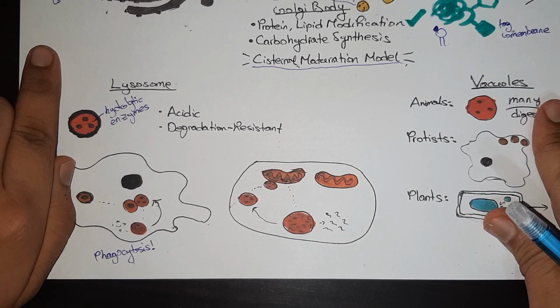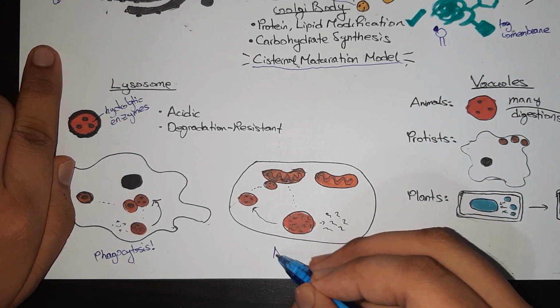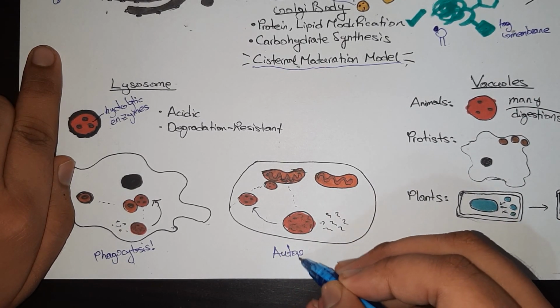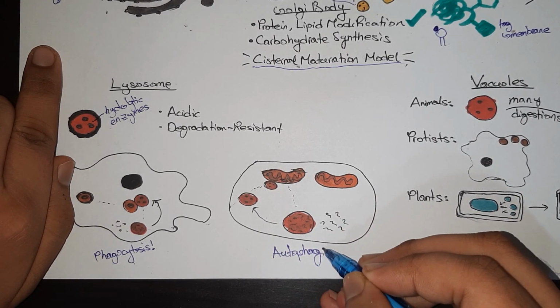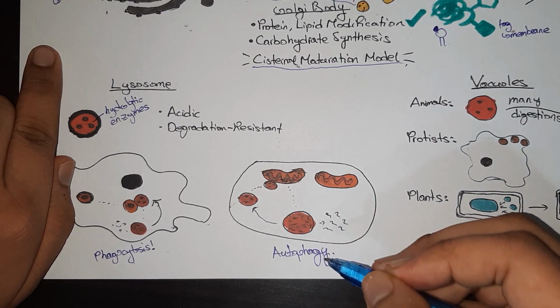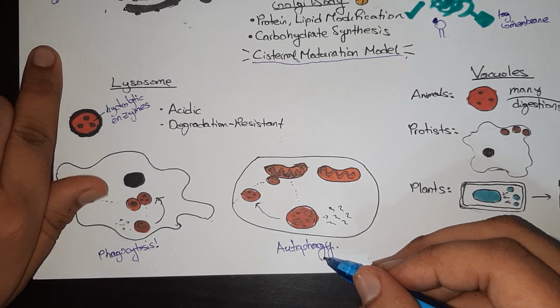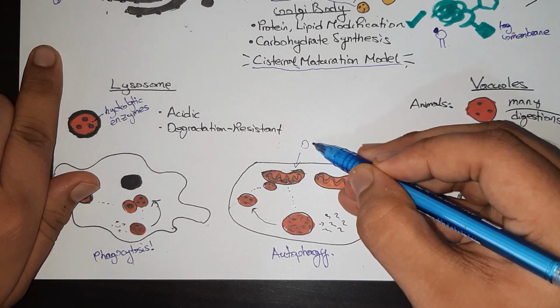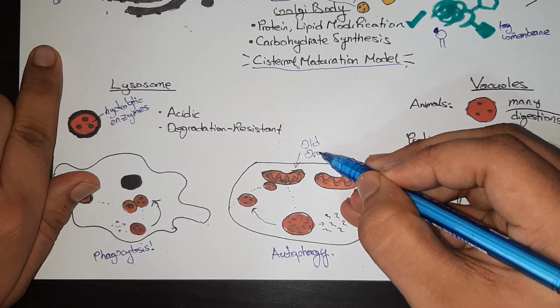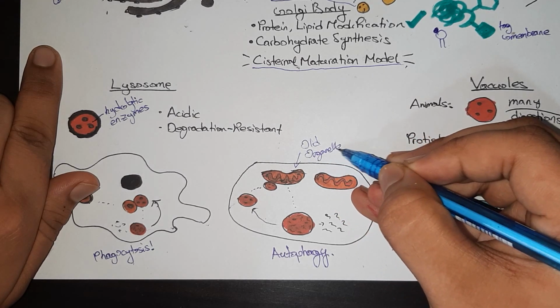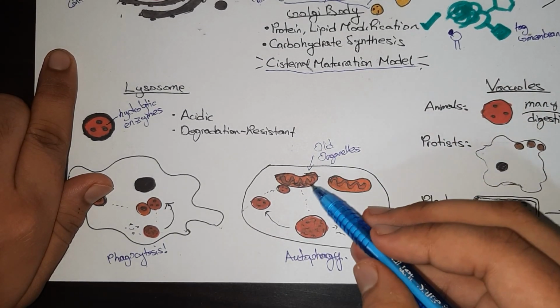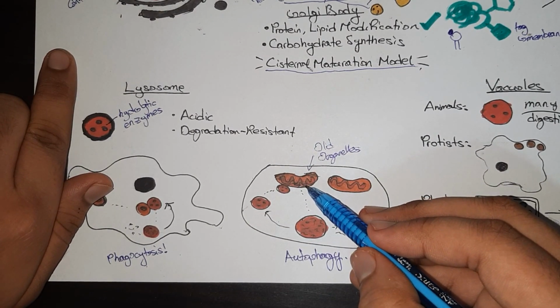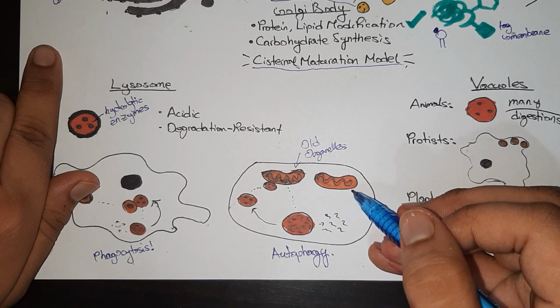The second function of the lysosome is in a process called autophagy. In autophagy, the lysosome is used to kill old organelles. So this is an old mitochondria, and this is a new mitochondria.